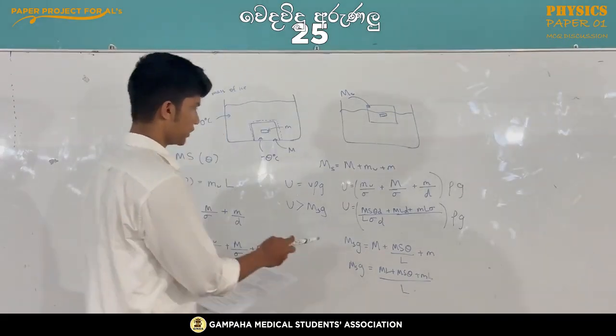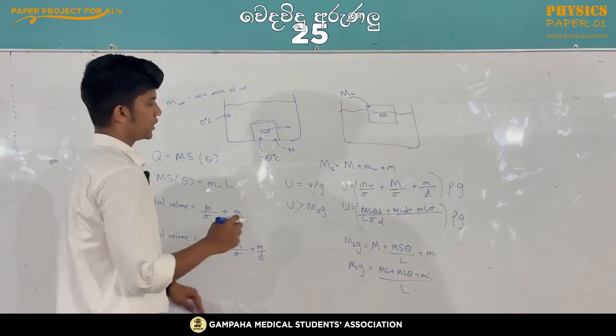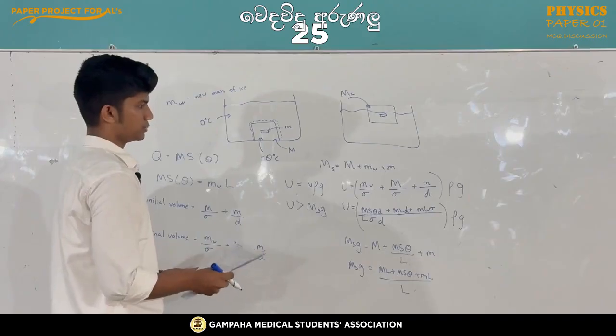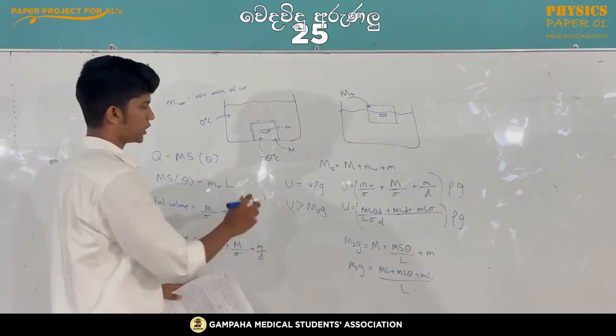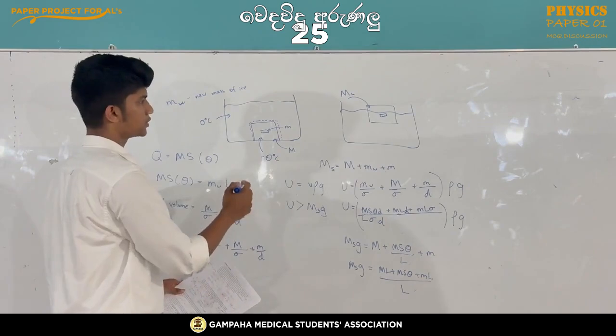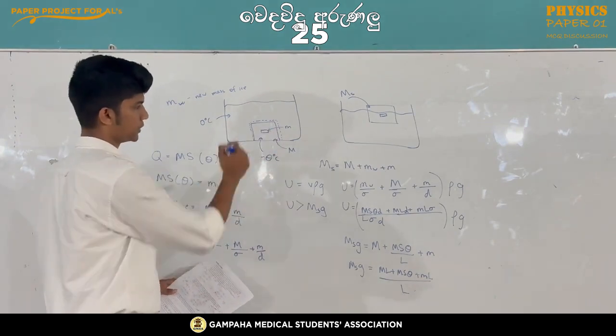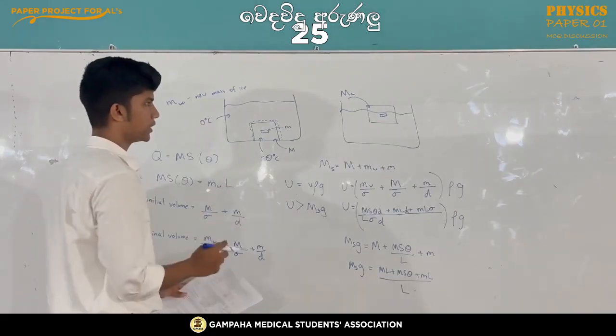So using these equations we can equate the upthrust and the total weight of the ice block, and then the upthrust should actually be greater than the weight so that the ice block moves upward. There should be a resultant force upwards, and this is provided by the upthrust.